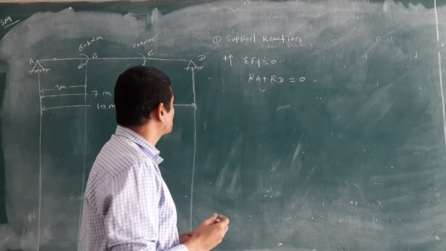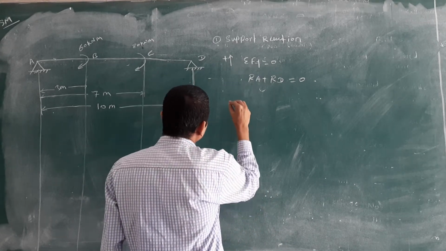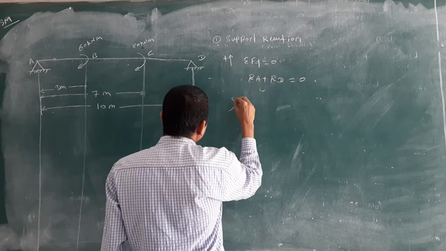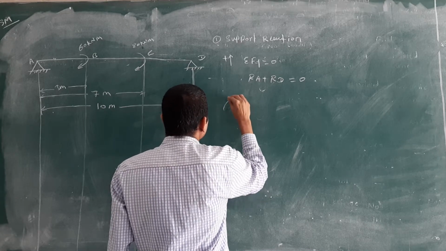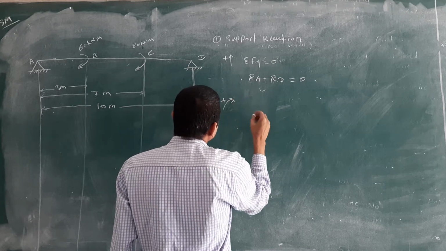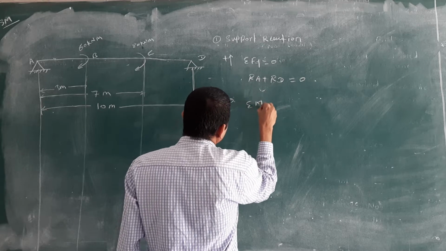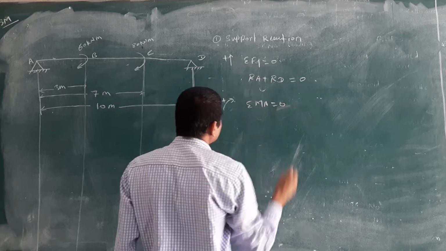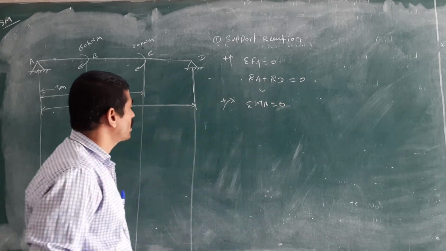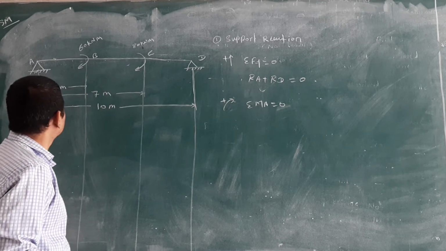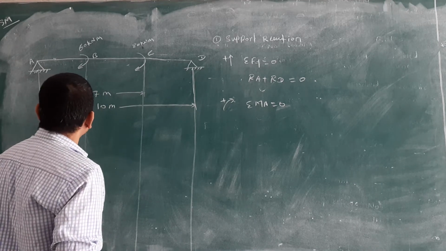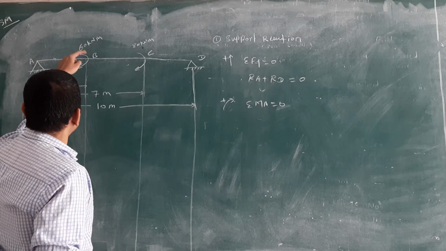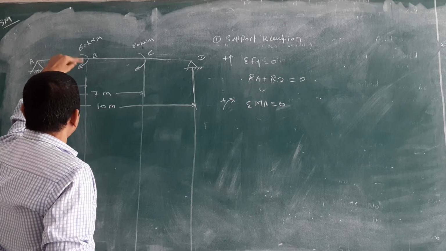We will get this equation. Then what about the moment? If you have taken the moment, okay, clockwise is positive. Then check that summation of MA is equal to 0. This 60 is going in the clockwise direction.